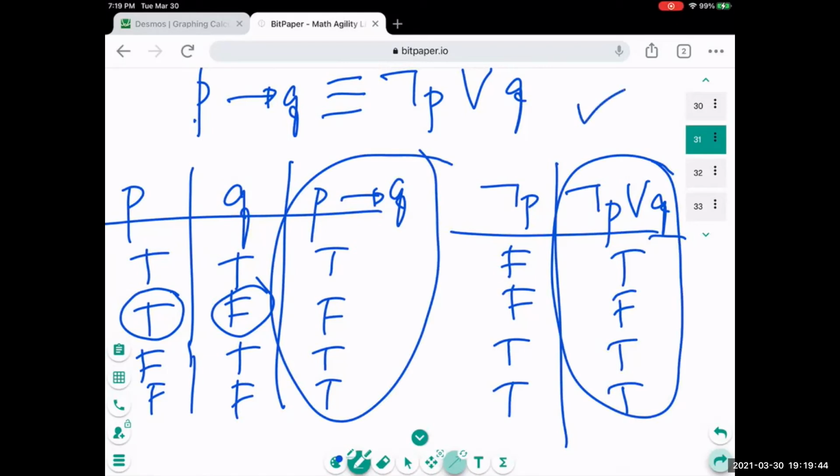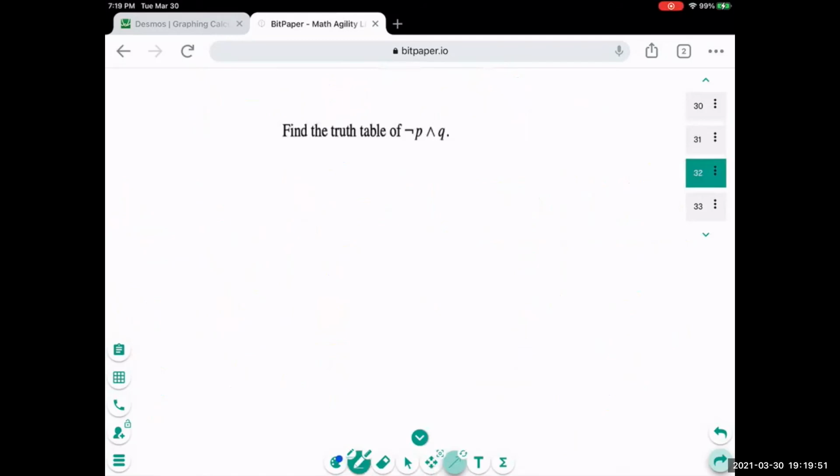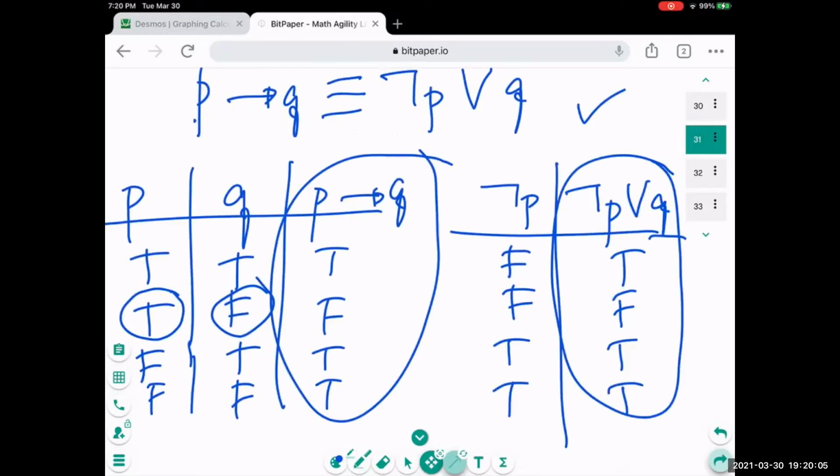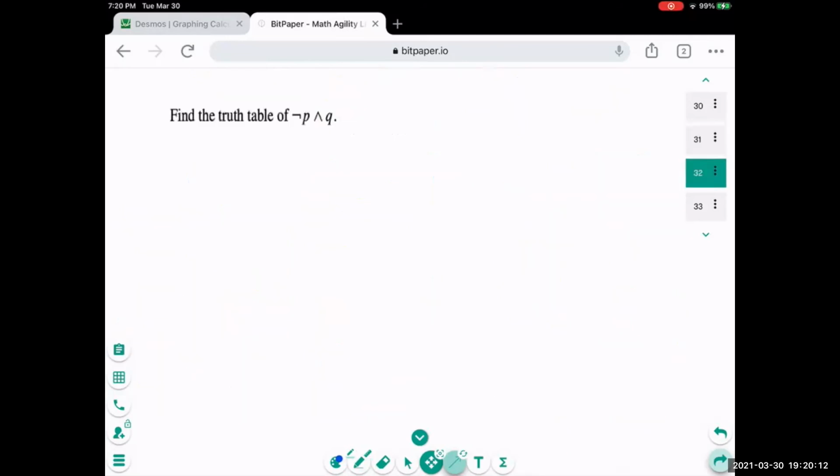All right. So, let's do some exercises. Yung first question sa ating exercise is find the truth table of negation of P conjunction of Q. So, madali lang siya, di ba?